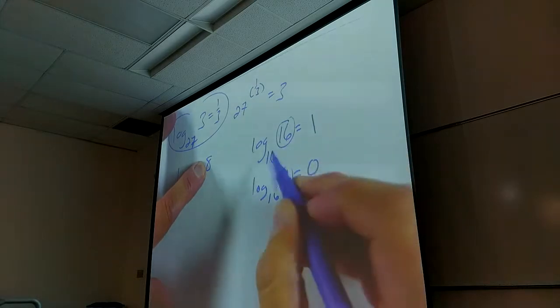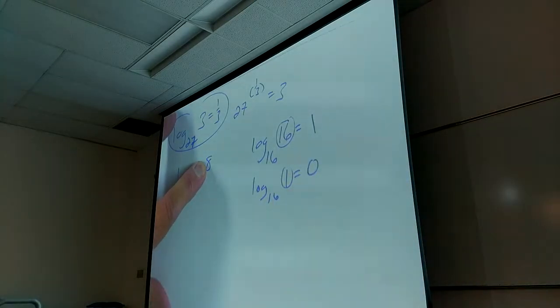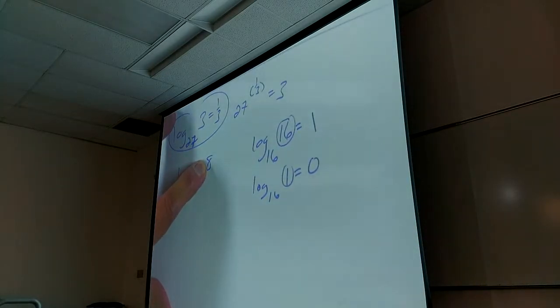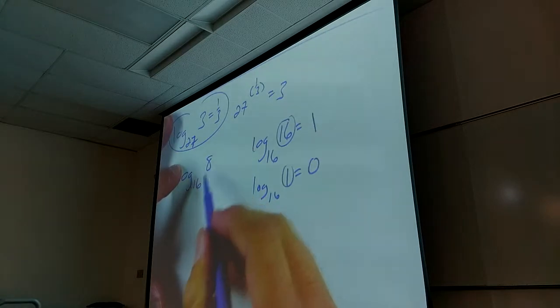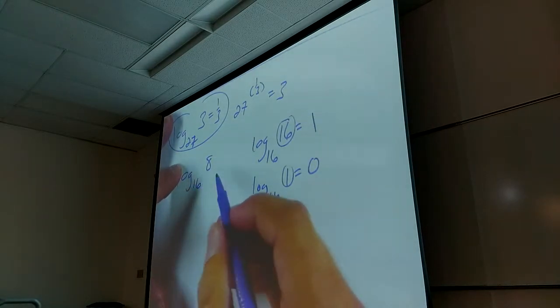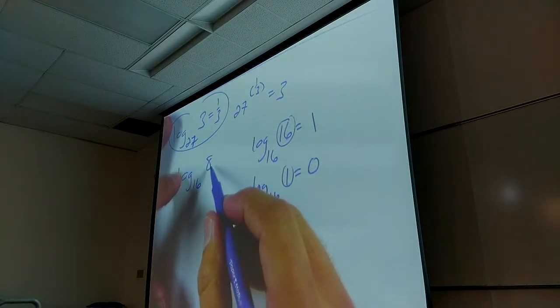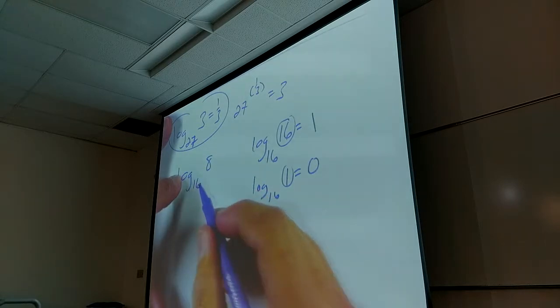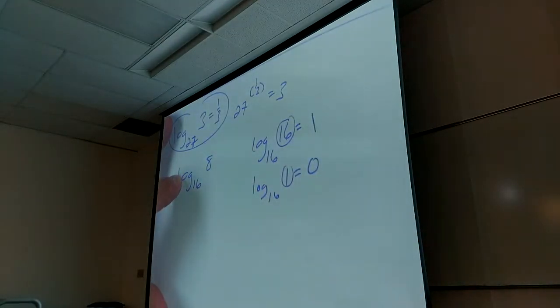If I say log base 16 of 15, that would be a number a little less than 1. I couldn't figure that out by hand because it's not really nicely related to 16. 8 is nicely related to 16, not because 8 goes into 16, but because the parts of 8 are also parts of 16. That's what's telling me it's some kind of a root.